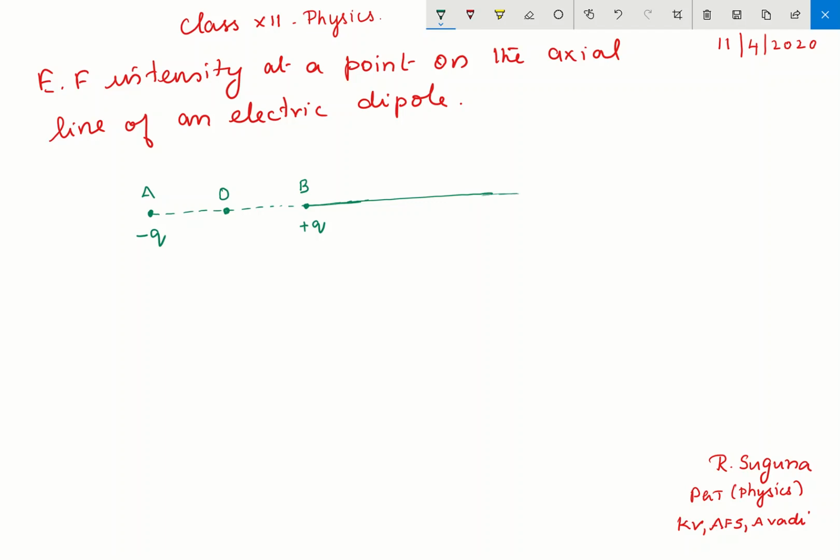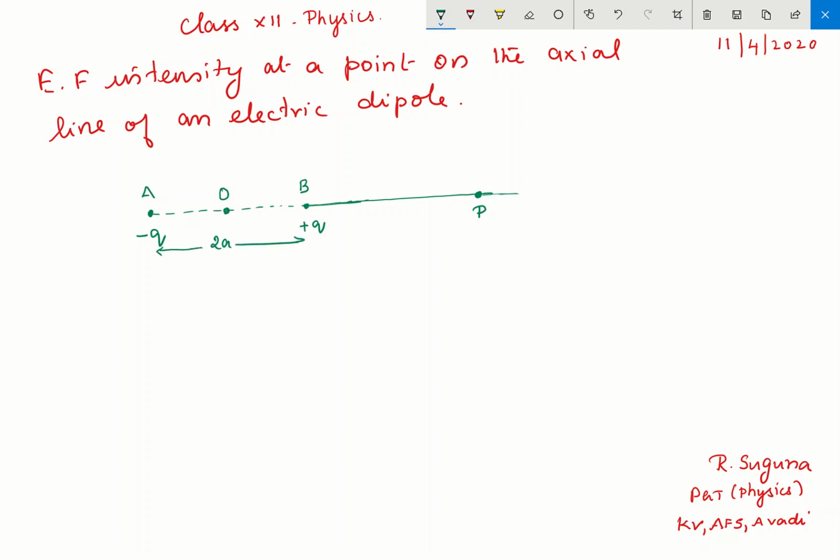Now I am interested in finding out the electric field intensity at the point P due to this electric dipole. Yesterday we have seen this is the length of the dipole.